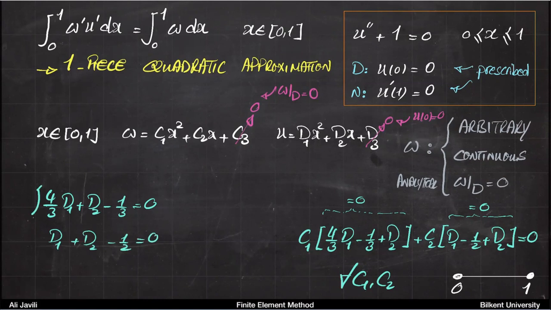Solving this gives you d1 is minus 1/2 and d2 is 1.